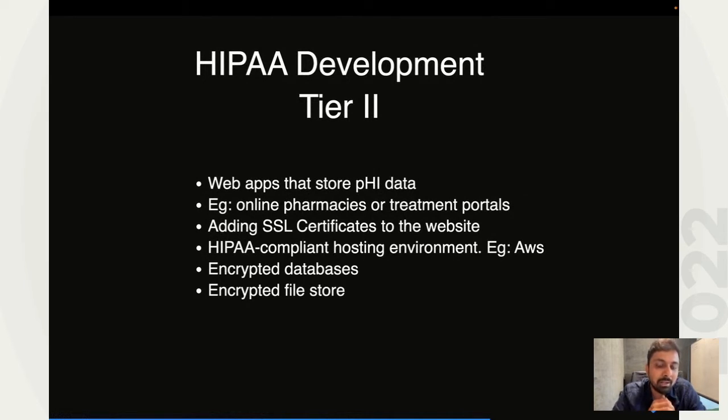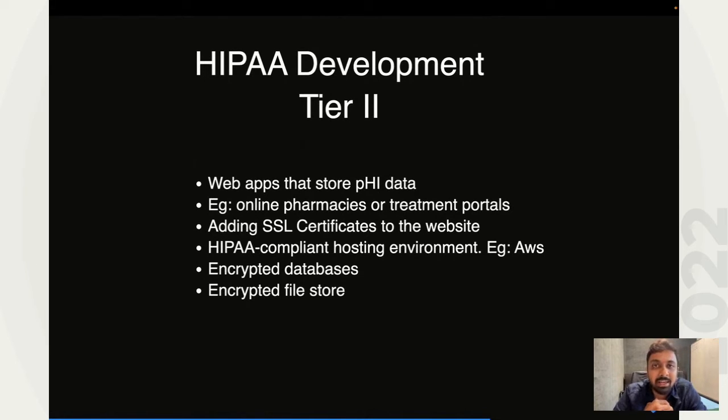What I mean by that is the web application where we are storing our data has to be behind a private VPN or a private firewall which protects our data. This data has to be dumped into encrypted databases.